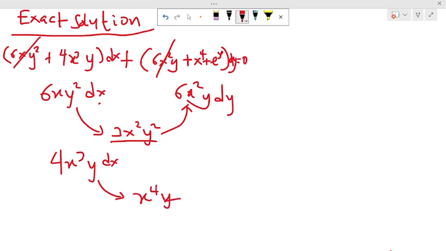And then we differentiate this with respect to y. So you are going to get x to the power 4 dy.